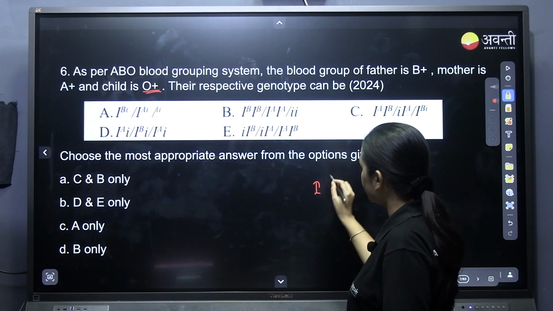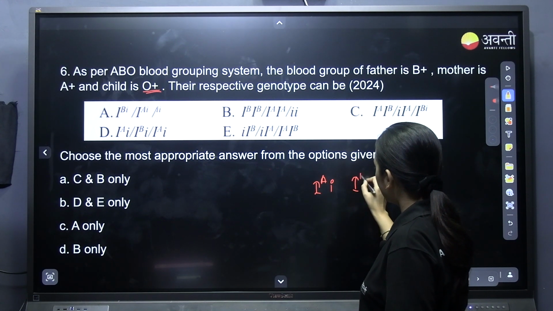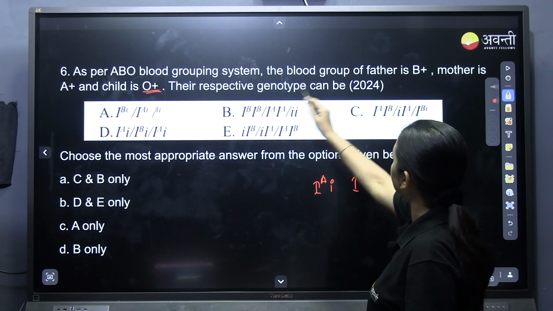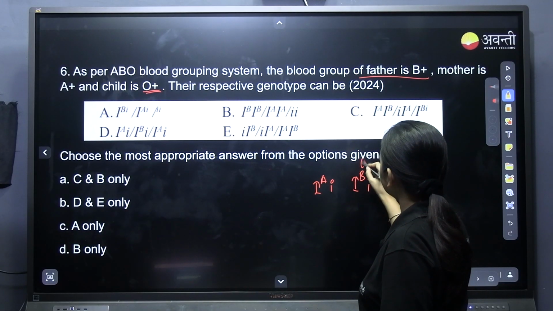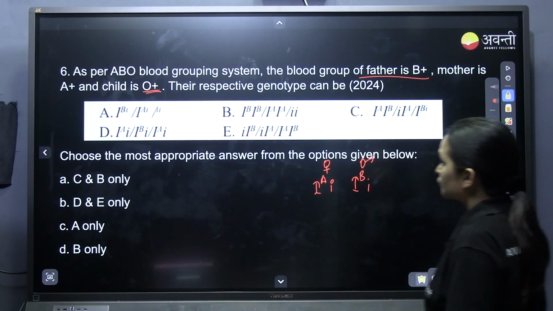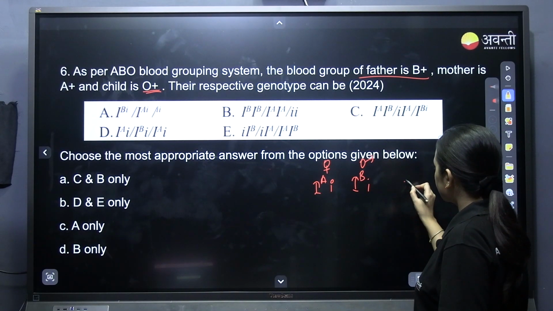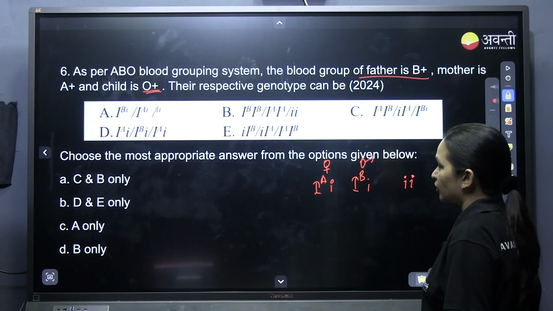Which means they should be IAi and IBi. Father. So tell me, then only the son will be having small i, small i.